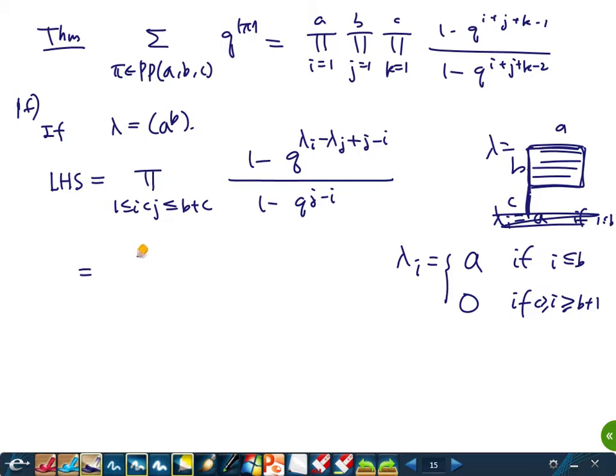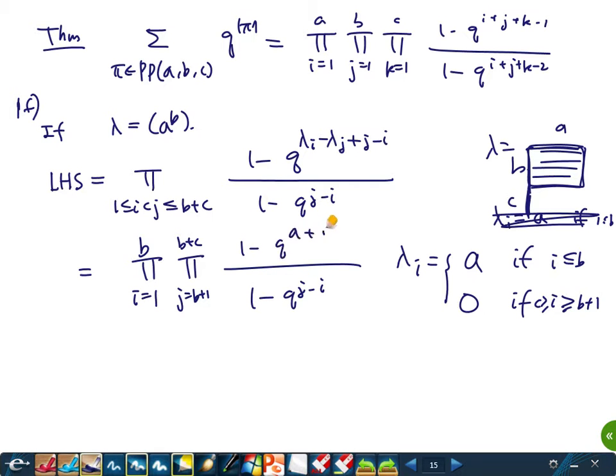So we will only need to consider i, j where lambda i is not equal to lambda j. That means one of them must be 0, one of them must be A. How can that happen? i is from 1 to B, and j is from B plus 1 to B plus C. This is the only time when they are different. So in this case, this one is A and the other is j. So now you can just replace j by j minus B and i by B plus 1 minus i.